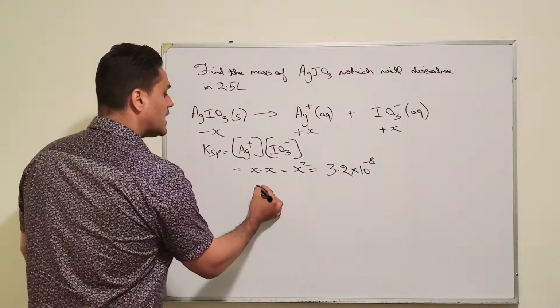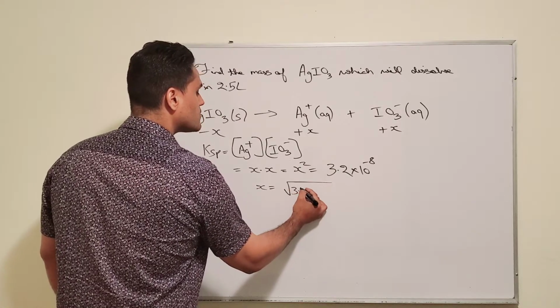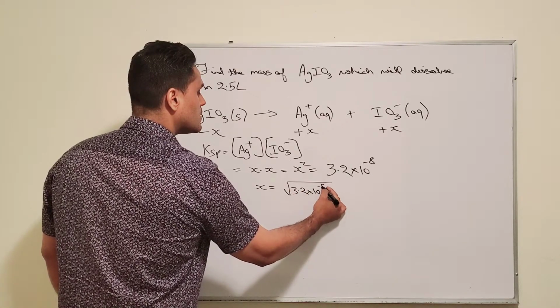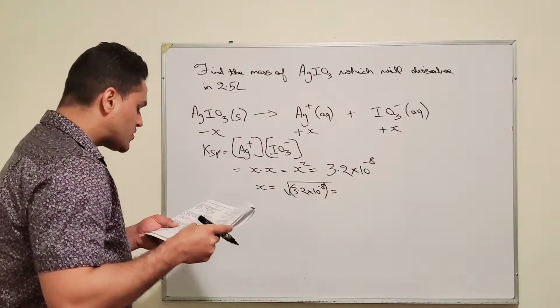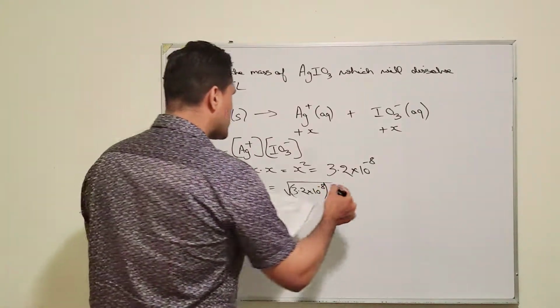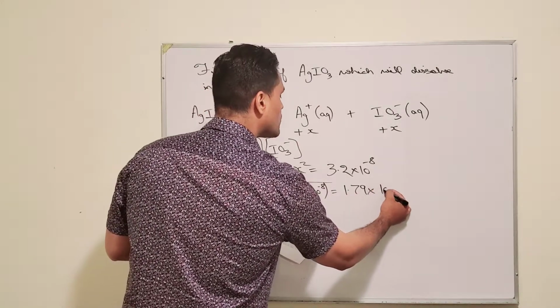So to get our X, we're just going to take the square root of that number. Now make sure you put brackets while you're square rooting it. If you punch it in properly, you should get 1.79 times 10 to the power minus 4.